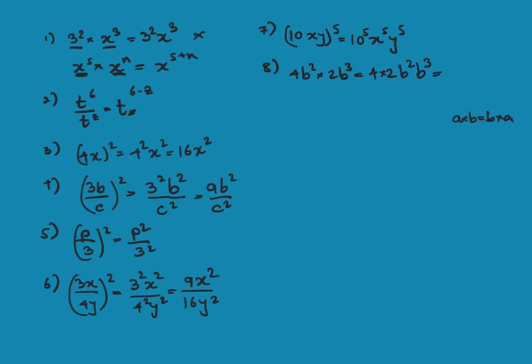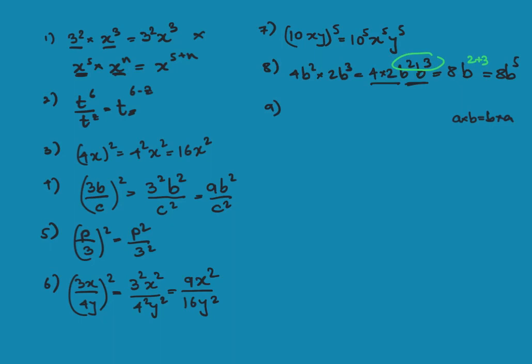Still the same expression. 4 times 2 is 8, b and b same base, copy, and then we add indices, 2 plus 3. Then it is equal to 8b to the power of 5. I hope that's right.